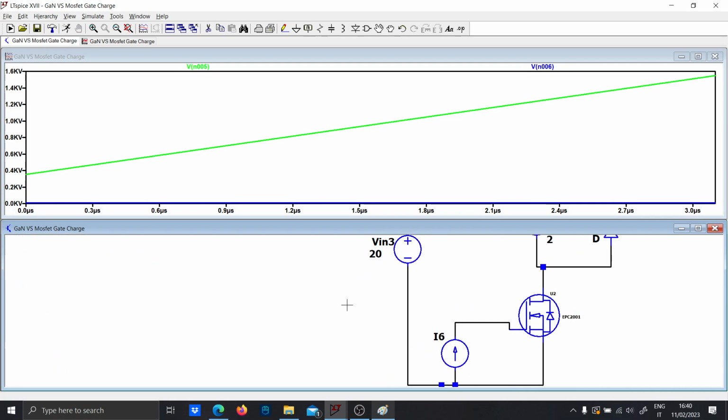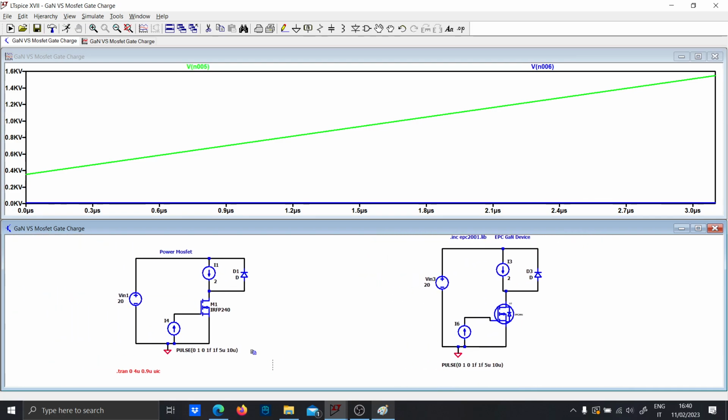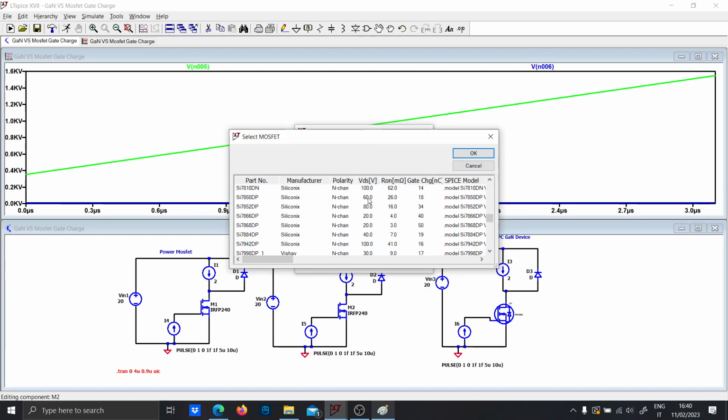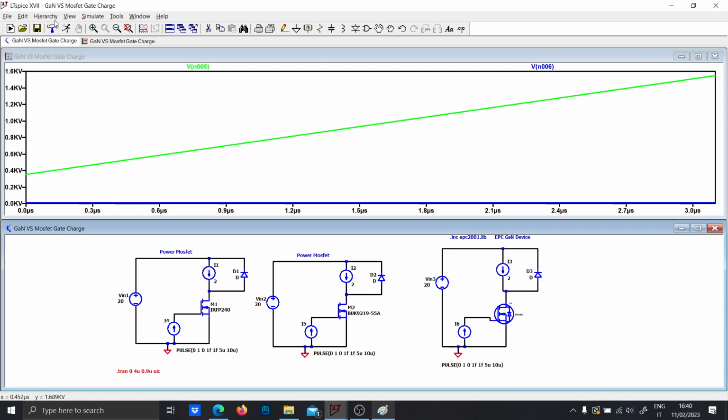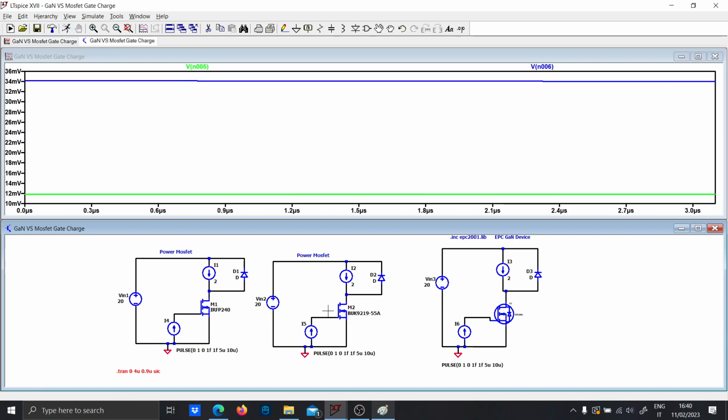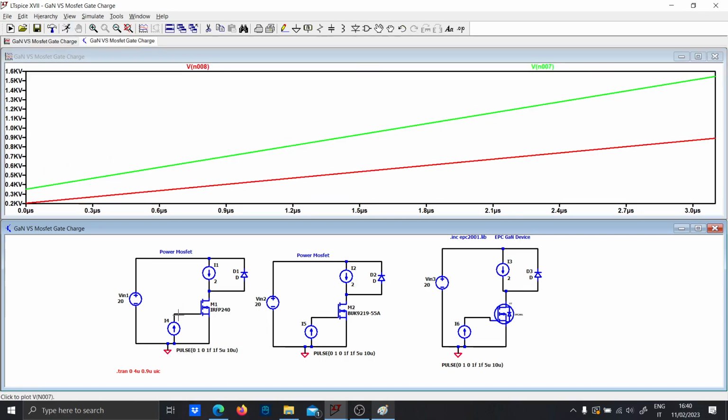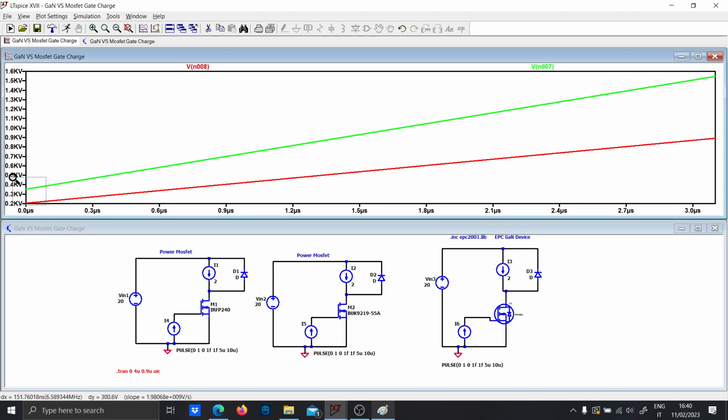So I will show you the difference between two power MOSFETs. This one has 17 nanocoulomb as gate charge, and let's put instead another with 40 nanocoulomb as gate charge. So let's see these two instead.